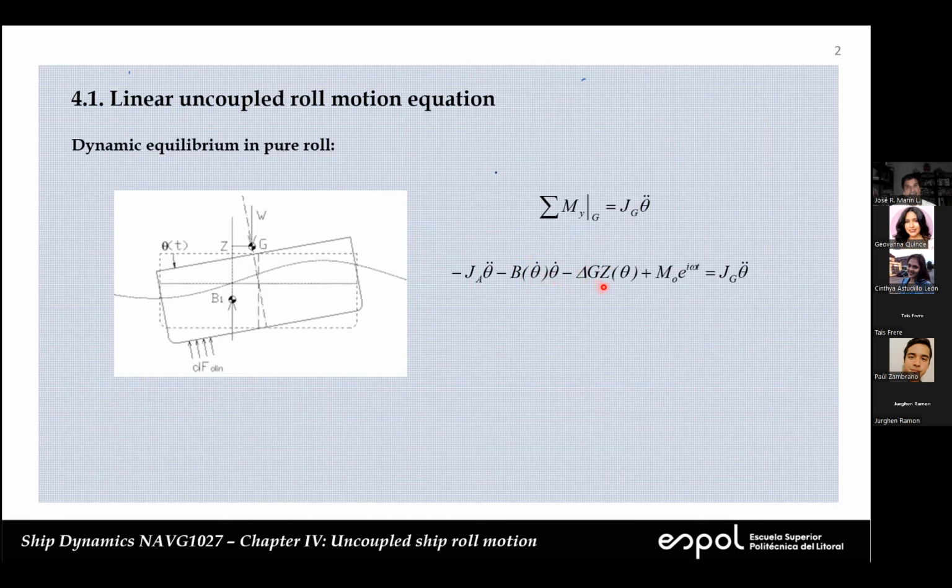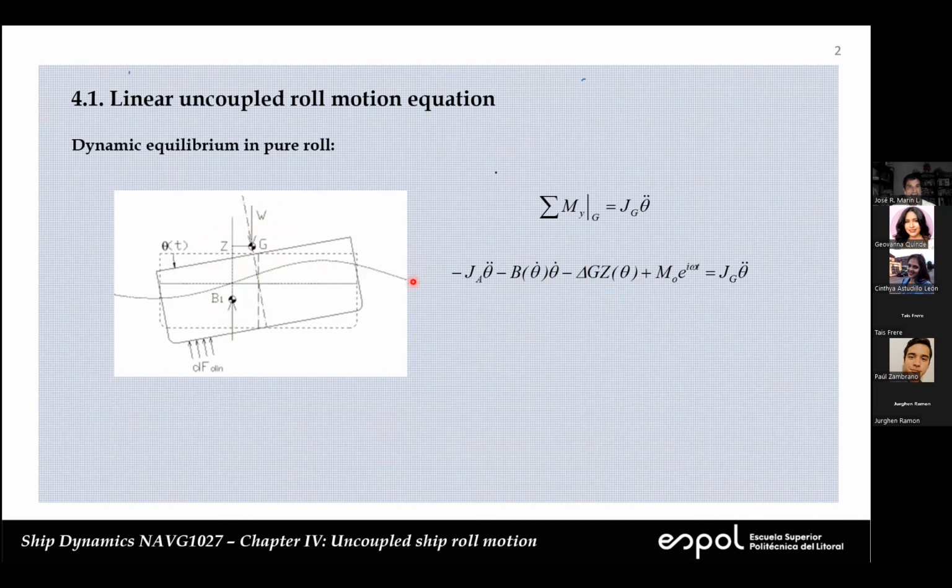This is the restoring effect. So we have GZ, and that's this force, which is equal to that one. So this couple produces this moment. You see that it has gone in this direction, and this is the restoring, which points in the opposite direction. We need a negative here.